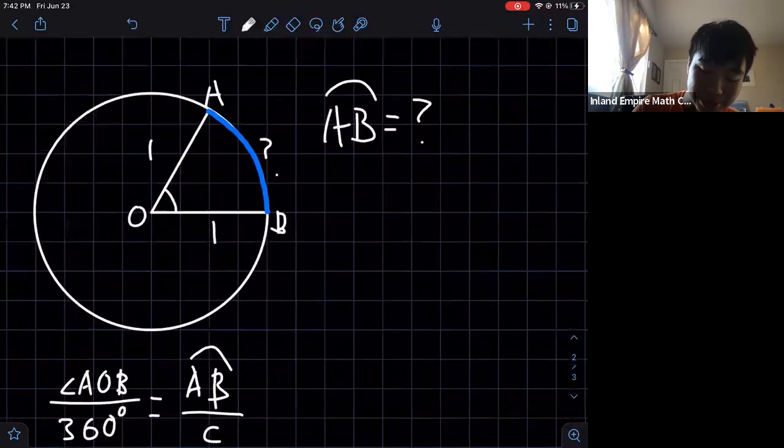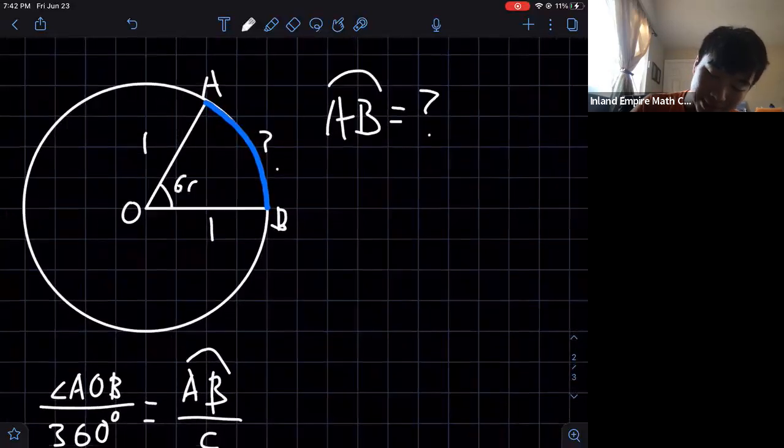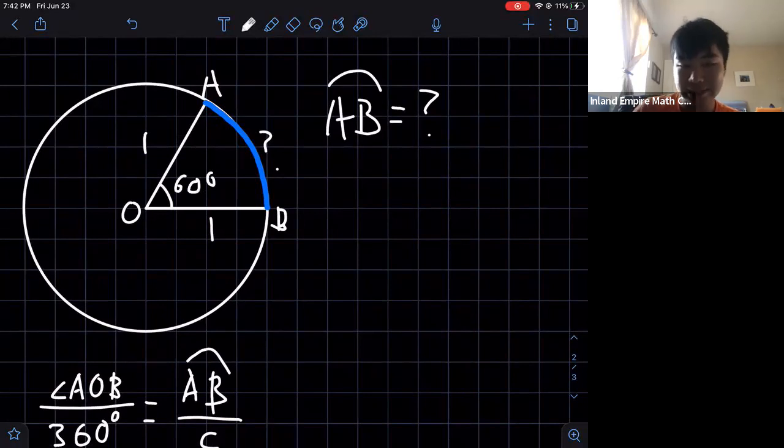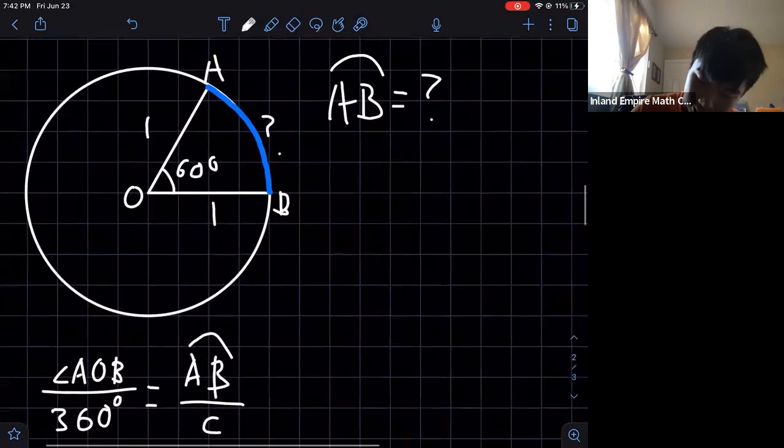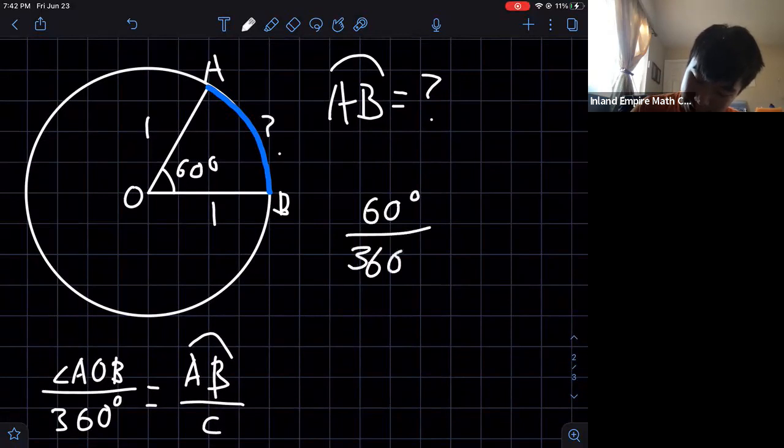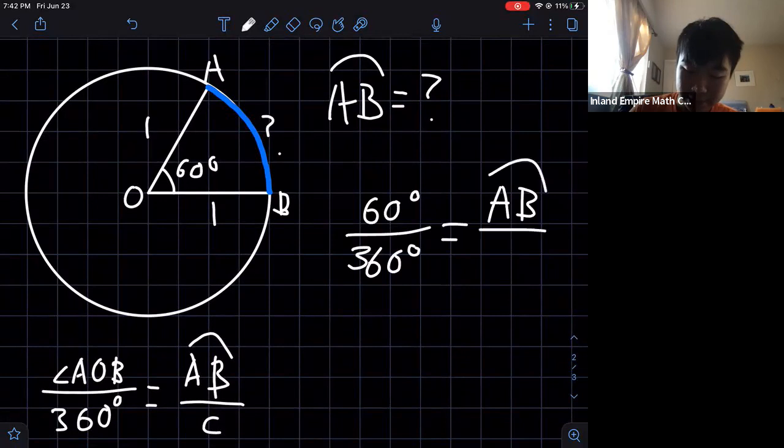So for example, if this angle was 60 degrees, remember that the radius is now 1, the arc length would be 60 degrees over 360 equals the length of AB over the circumference, which would be 2 pi, right?